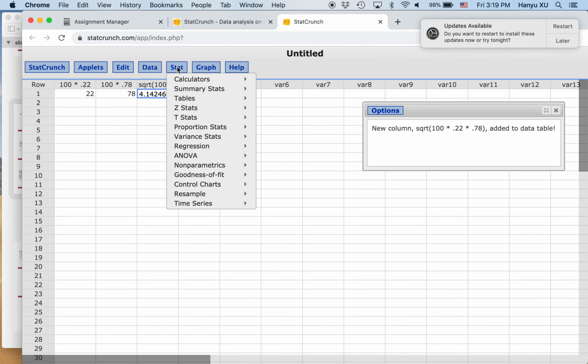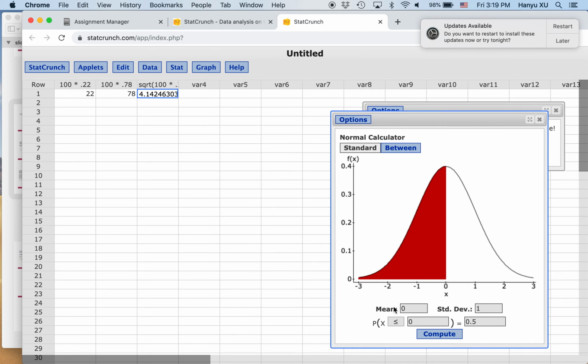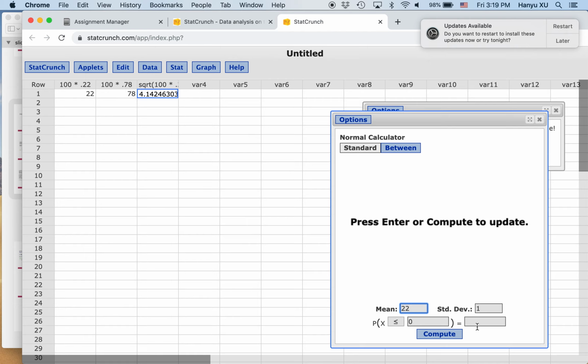So you go to StatCrunch, you go to Stat, Calculators, Normal. Mean is 22. Standard deviation is this number, 4 point something. You can copy it here.